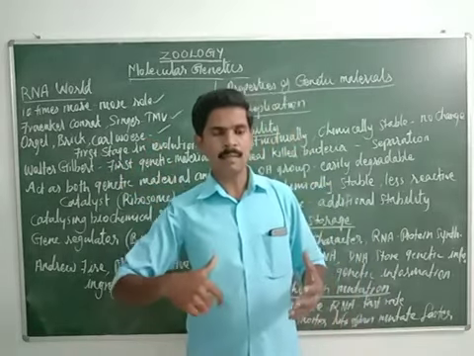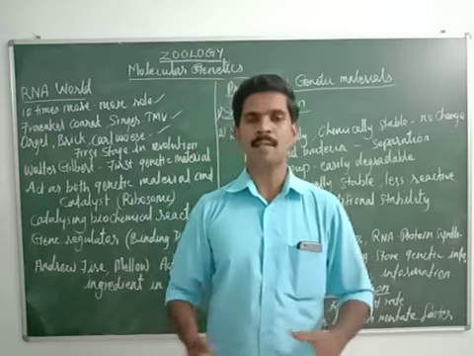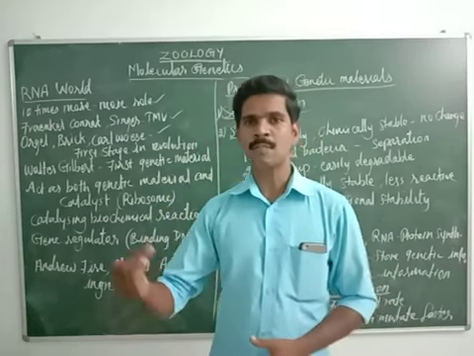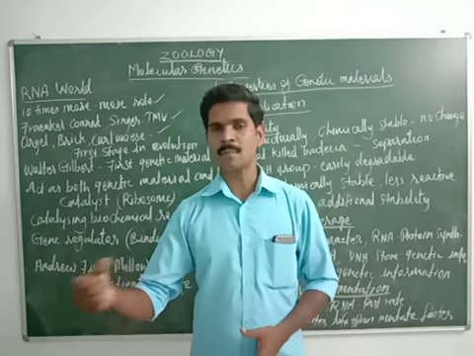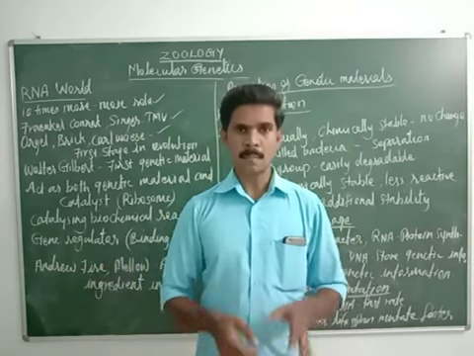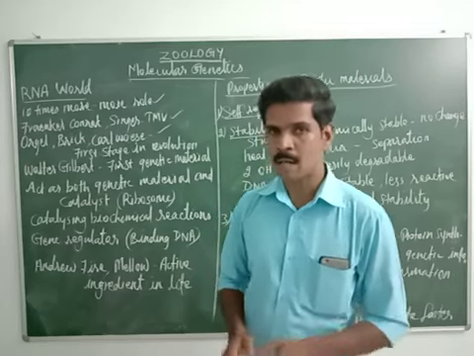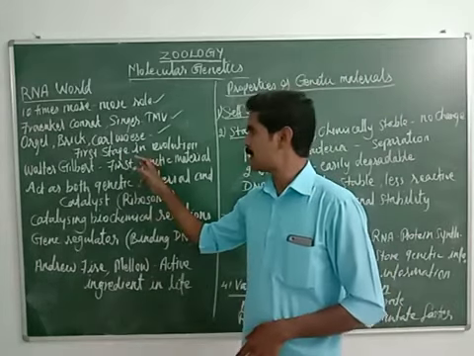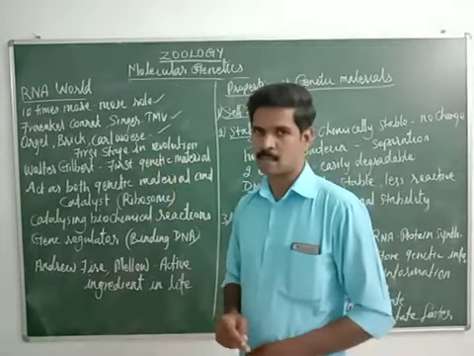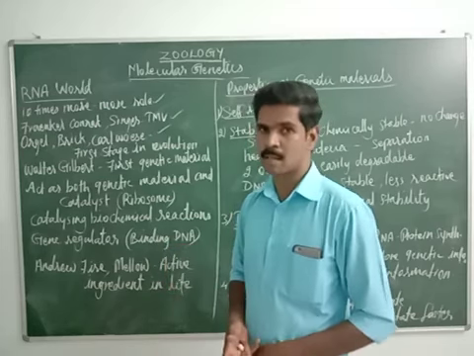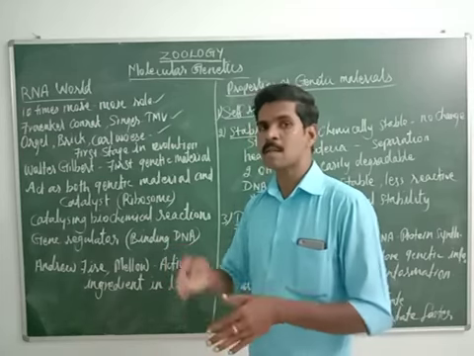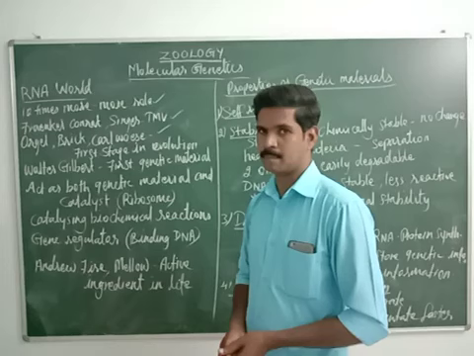All living organisms evolved from one organism or from a particular material, but these three scientists say RNA is the first stage in evolution. Because of the presence of this RNA molecule, the organisms evolved step by step.